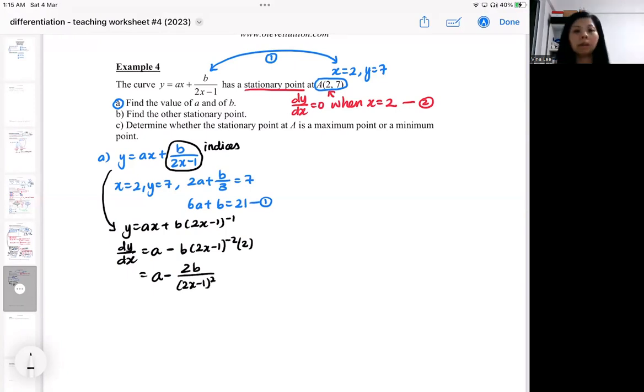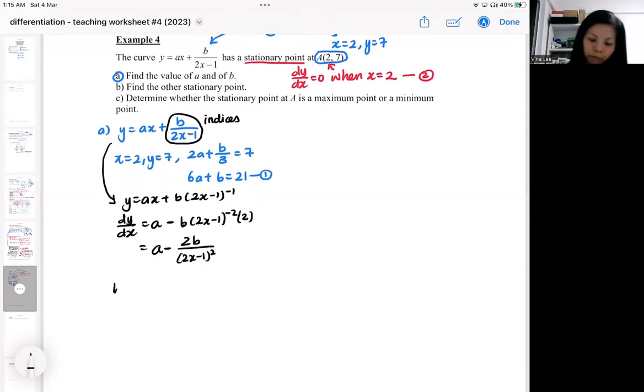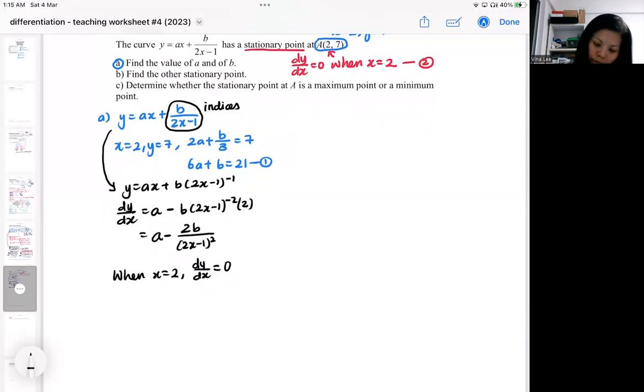Of course, if your dy/dx is wrong, when you try to sub in your concept of stationary point, you will not get it correct. When the whole A and B is not correct, the subsequent part is very difficult for you to earn any marks. So when x is equal to 2, dy/dx equal to 0, the reason is because it is a stationary point. So put in the values.